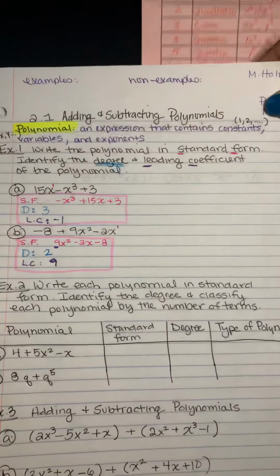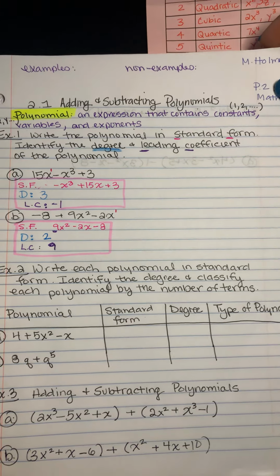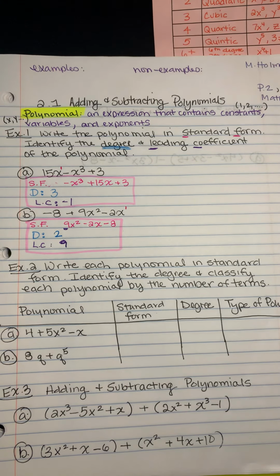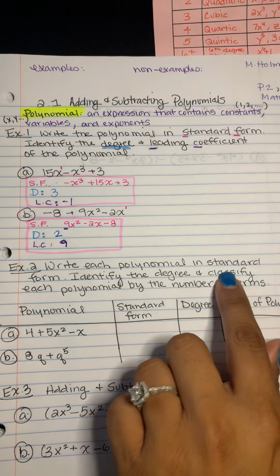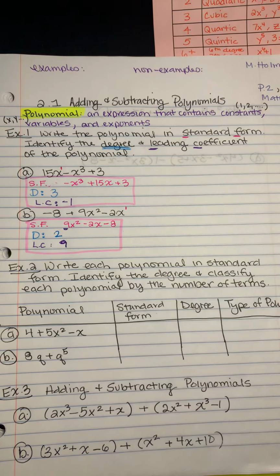Okay, let's continue. Again, we have some vocabulary. This is example 2. It's going to ask you to write each polynomial in standard form. We already know what standard form is. We're starting with our largest exponent, and then we're going to decrease from left to right.